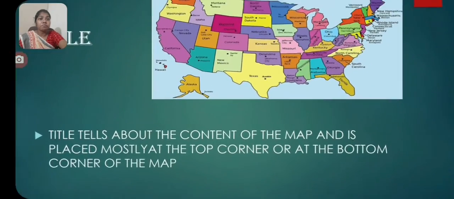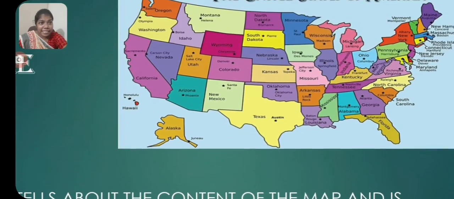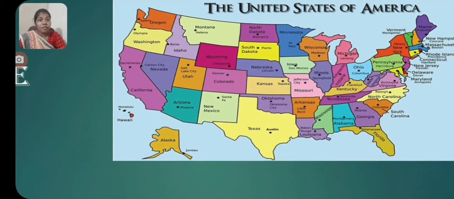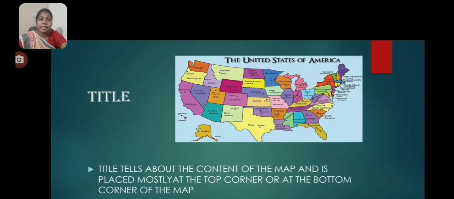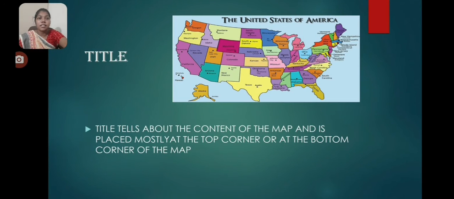We could also see Texas, and we could see how Hawaii is apart from the United States of America, it's an island, right? We could see Maryland, South Carolina, and so on, Austin, etc. So we could see the capital cities as well as the states.